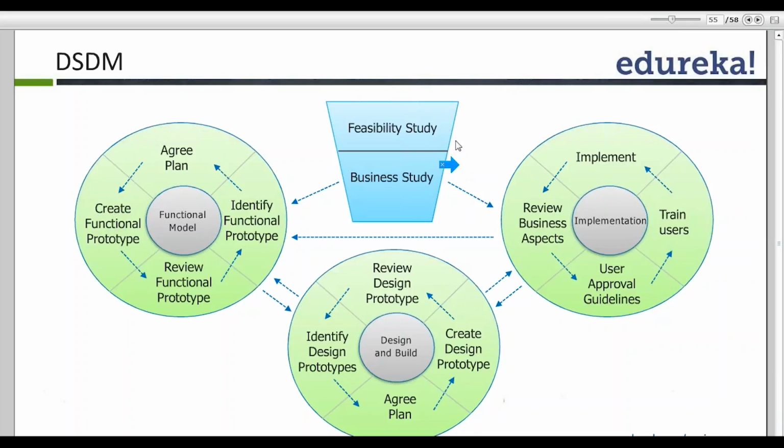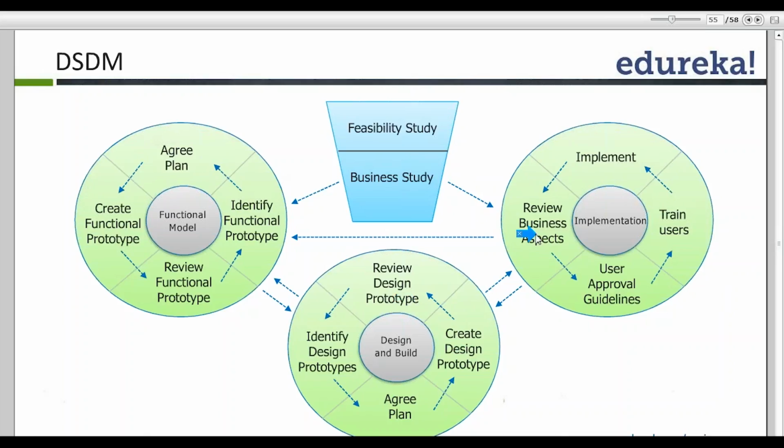Yeah. So my first step in DSDM is to do a feasibility study and come up with a feasibility study and a business study. Then I identify a prototype, agree on a plan, create a functional prototype and review the functional prototype. Once this is done, I identify a design prototype, agree on a plan, create the design prototype and review the design prototype.